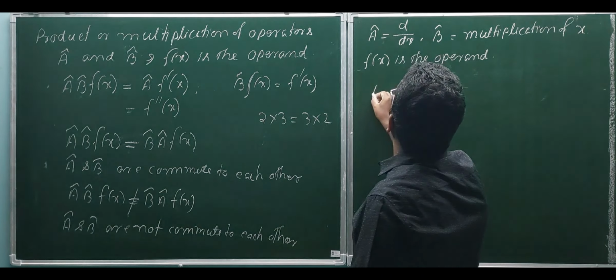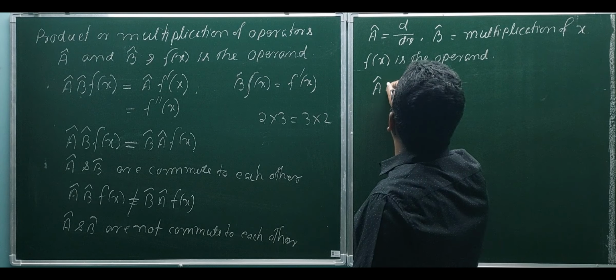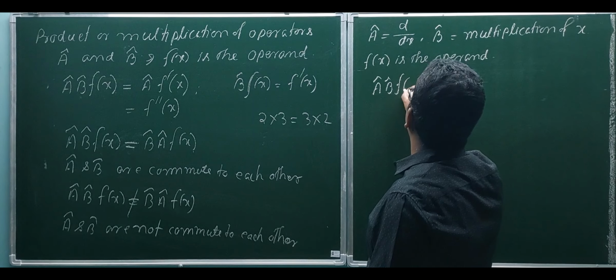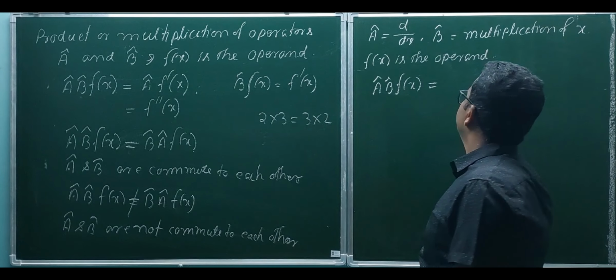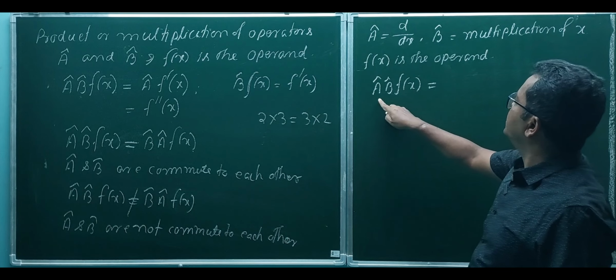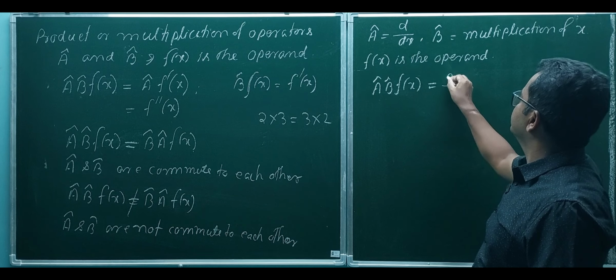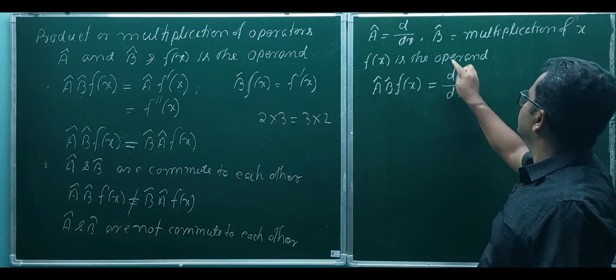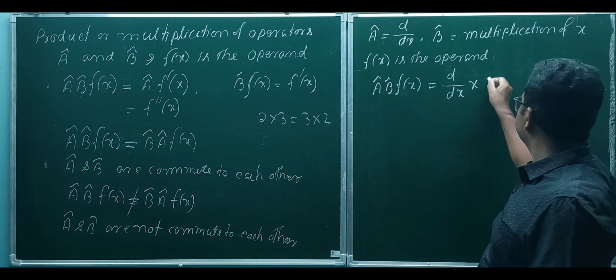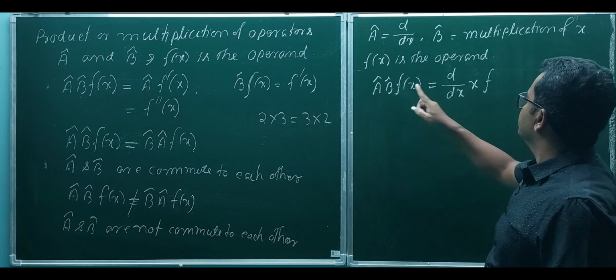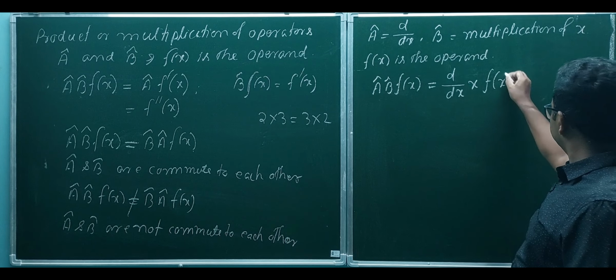Now A cap B cap f(x): A cap means d/dx, and B cap means multiplication by x, and our function is f(x).